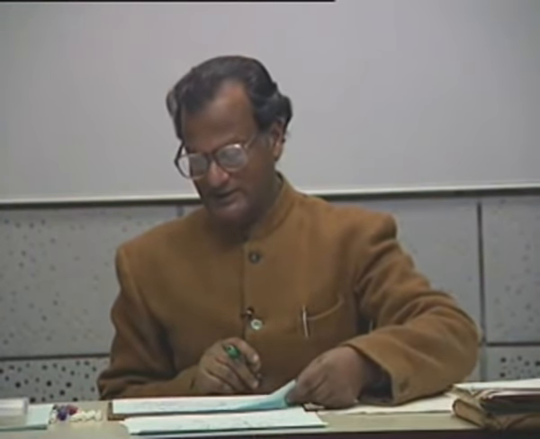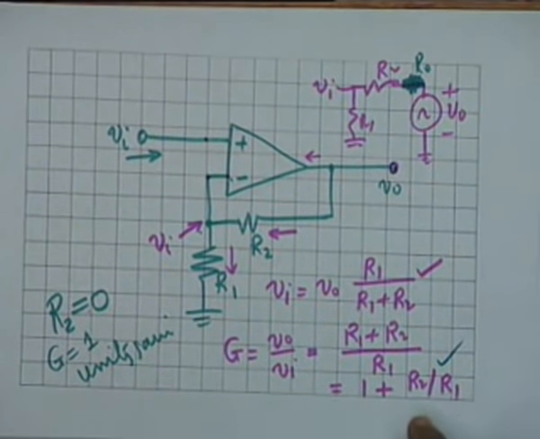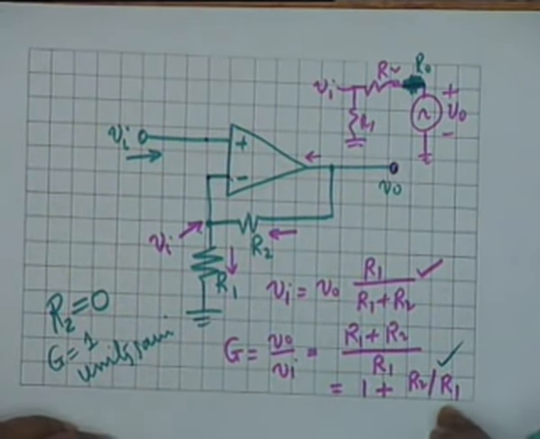One more question that one should ask at this stage is, the gain here is 1 plus R2 by R1, that is, it is greater than unity, whereas the gain in the inverting configuration was minus Rf by Ri, which could be less than 1 or greater than 1. It could also be equal to -1 if Rf and Ri were equal.